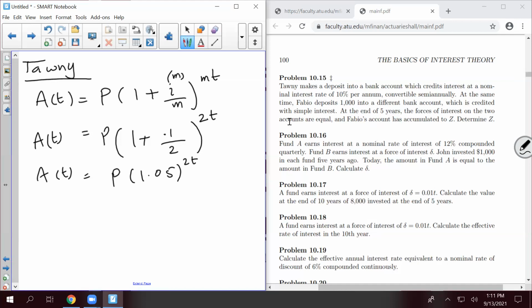Now, what is the force of interest? I gave you a formula for force of interest. The force of interest for Tony is, tell me, I gave you a formula for delta t.